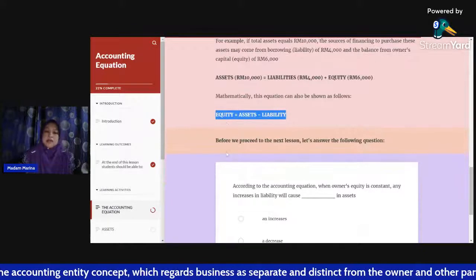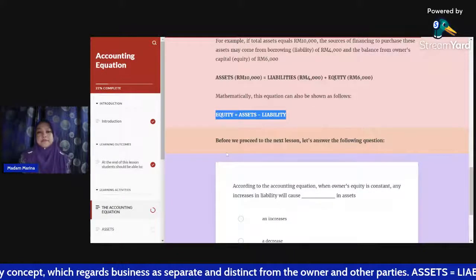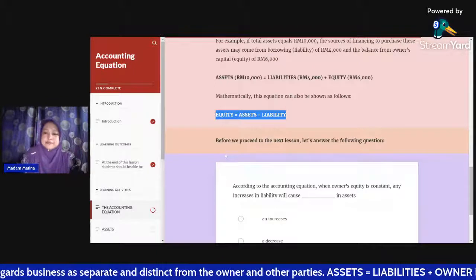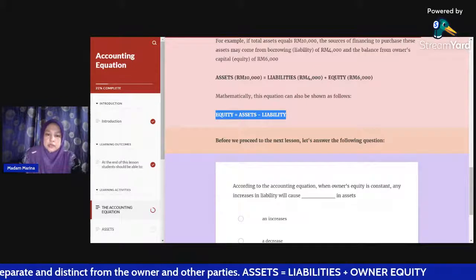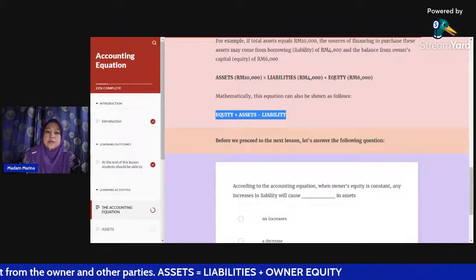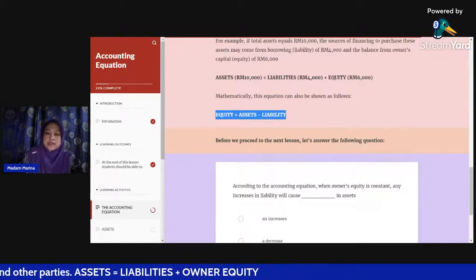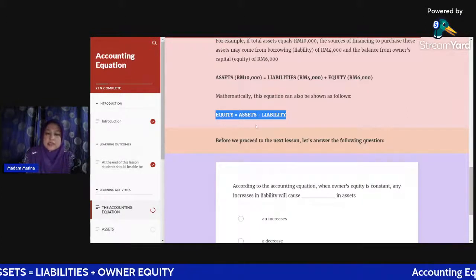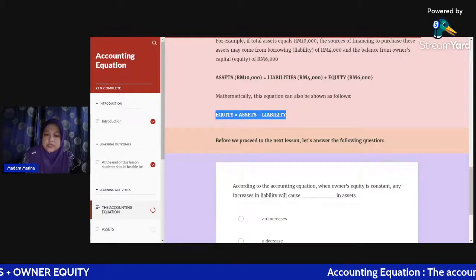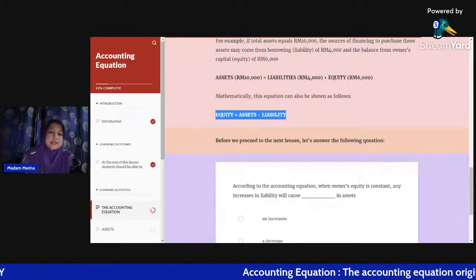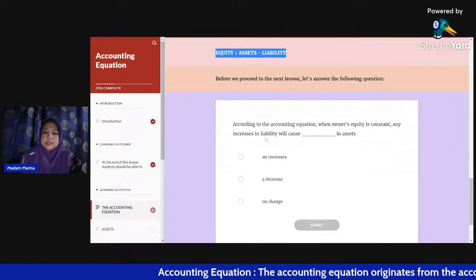Hopefully you can understand how we derived, how we created the accounting equation. Now before we proceed to the next lesson, let's answer the following question.